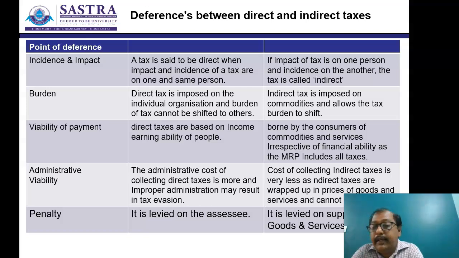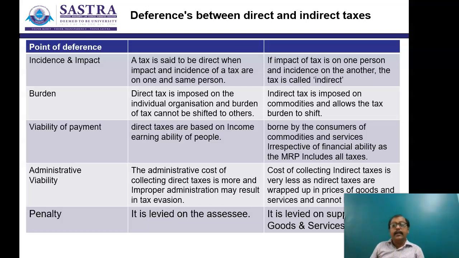Administrative viability: as far as the way in which taxes are collected is concerned, the administrative cost of collection of direct taxes is more, because they have to take it straight from the individuals. Every individual has to be tracked, and everybody has to be given a notification, and taxes are collected on an individual basis.